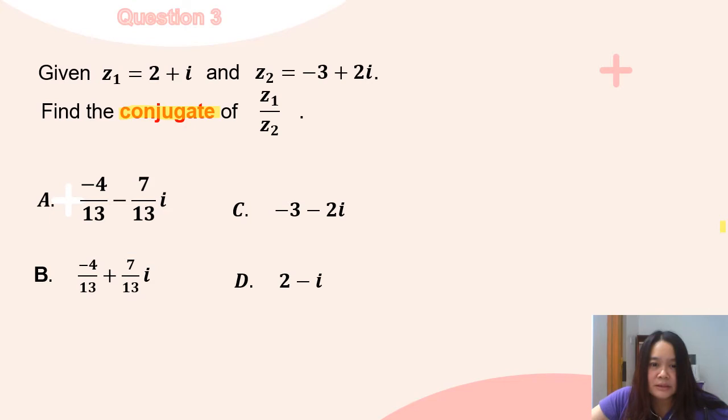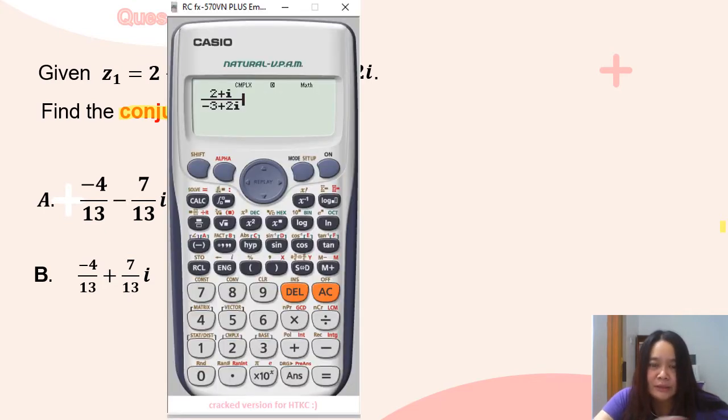Since this is an objective question, you may use the calculator to calculate in this way. First of all, you just key in Z1 divided by Z2 into the calculator function with the complex mode, and you press the equal sign.